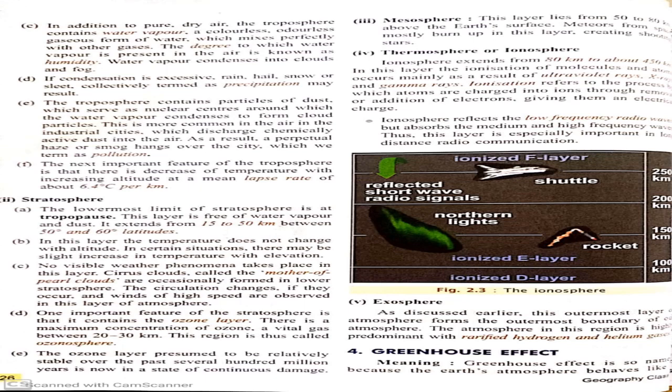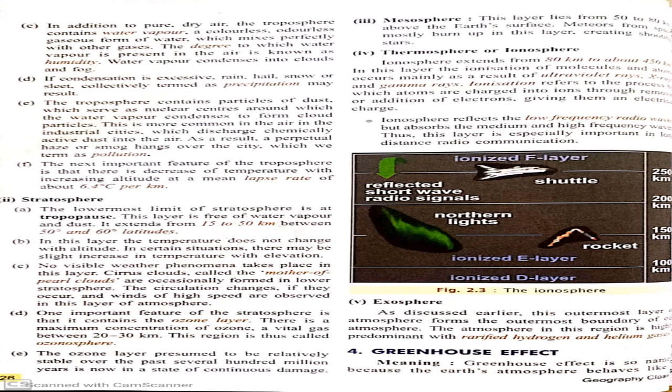That's why it falls under stratosphere. This ozone layer, presumed to be relatively stable over the past several hundred million years, is now in a state of continuous damage. Some kind of damage is being done to the ozone layer. About this we will be studying further in this same chapter only.